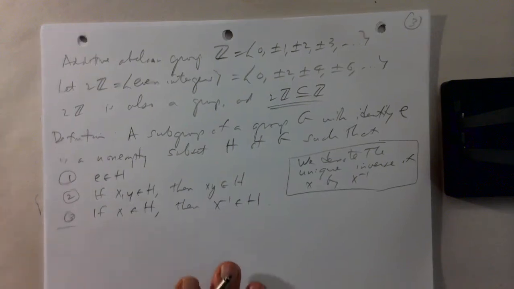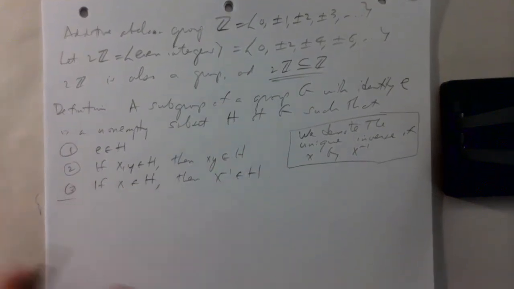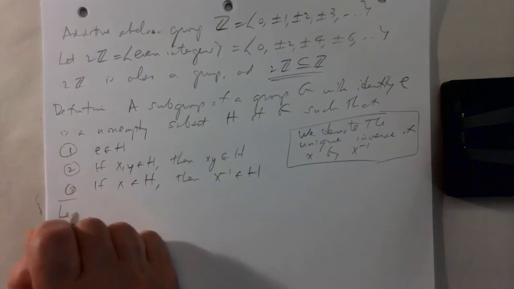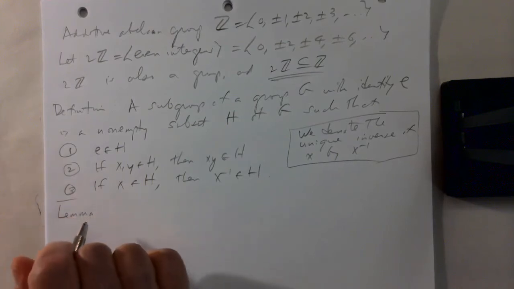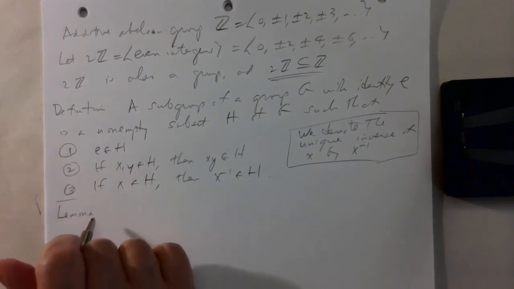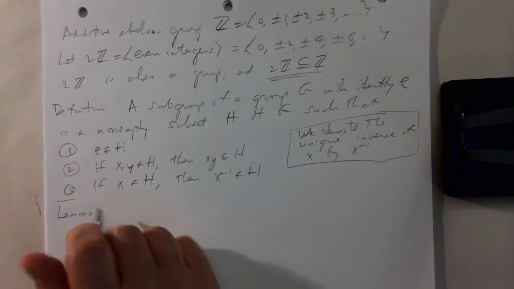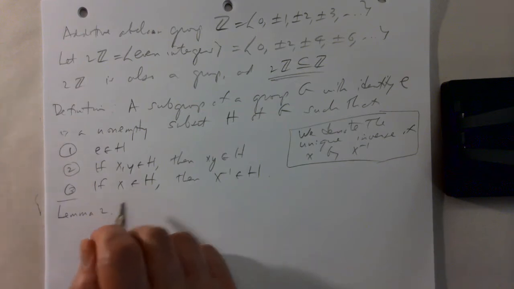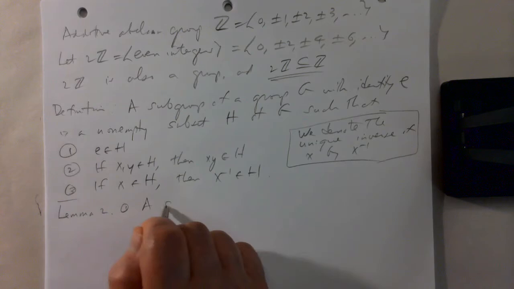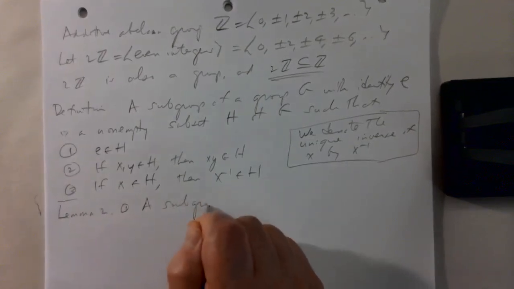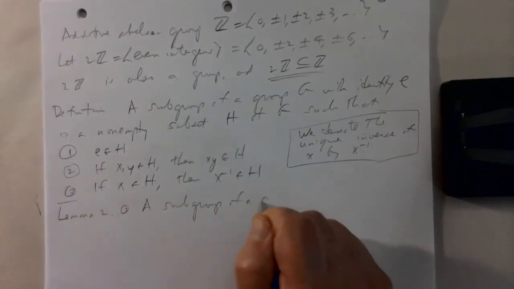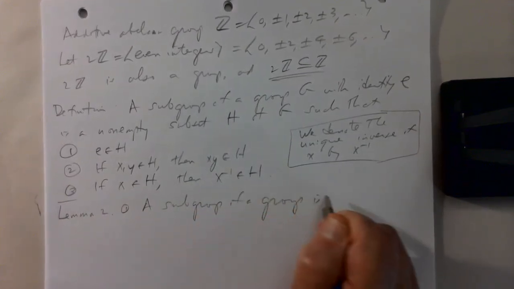And there's another lemma. All these things are in the set of notes called Notes on Group Theory, which I've just posted on Blackboard and emailed out to you. So first of all, a subgroup of a group is a group.